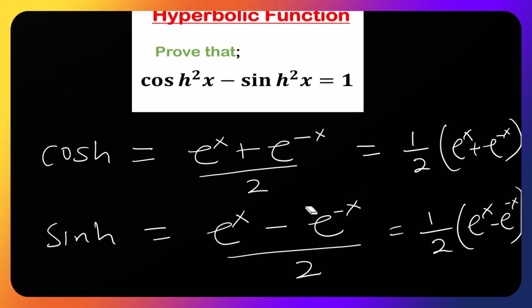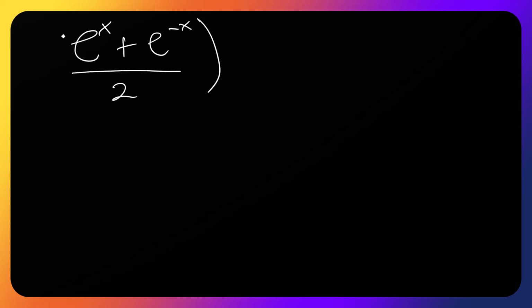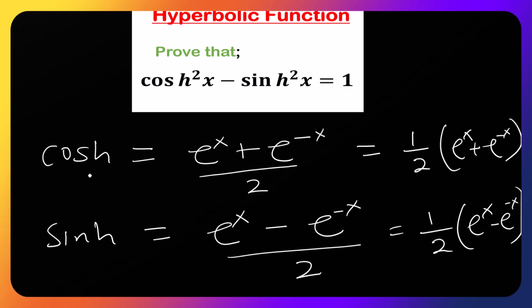Now I want to focus on this. So cosh squared x will be everything squared. So we have e raised to x plus e raised to minus x on 2, all squared, minus, so that is cosh.